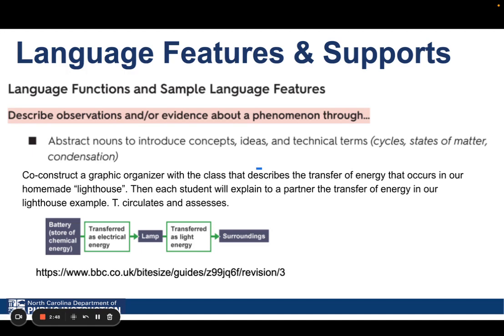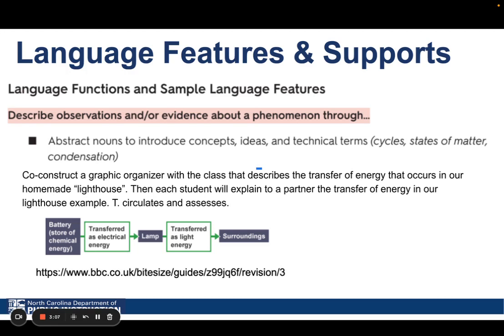Our language function that I selected was to describe observations and/or evidence about the phenomenon of electricity through abstract nouns to introduce concepts, ideas, and technical terms.